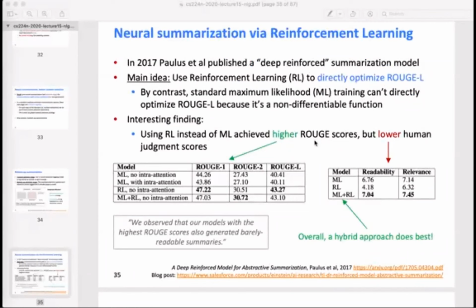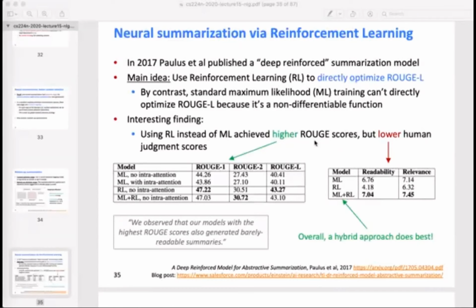Here's an interesting finding from the paper. When they used reinforcement learning to directly optimize ROUGE-L and backpropagate that score into the model, they definitely achieved a higher ROUGE score, but a lower human judgment score. Why though? It's because they're basically trying to game the system, right?